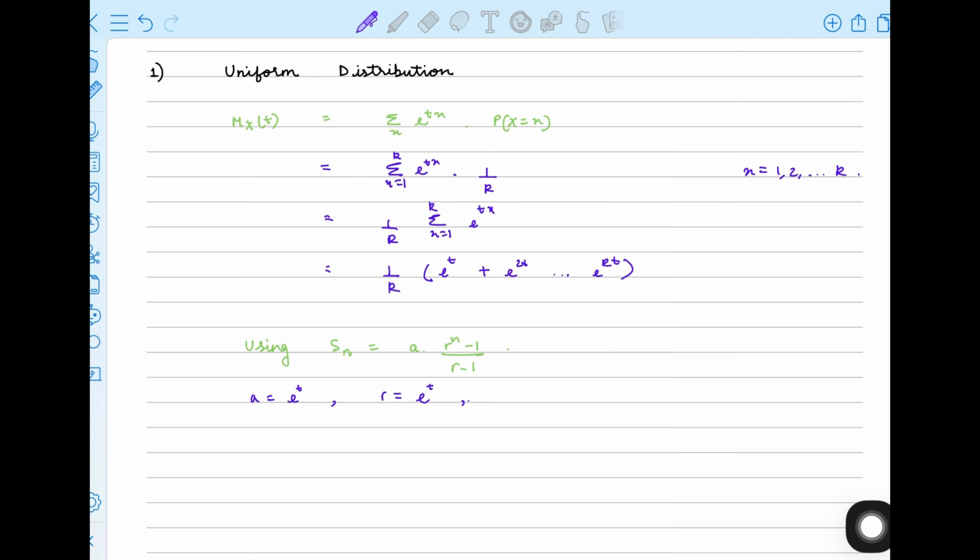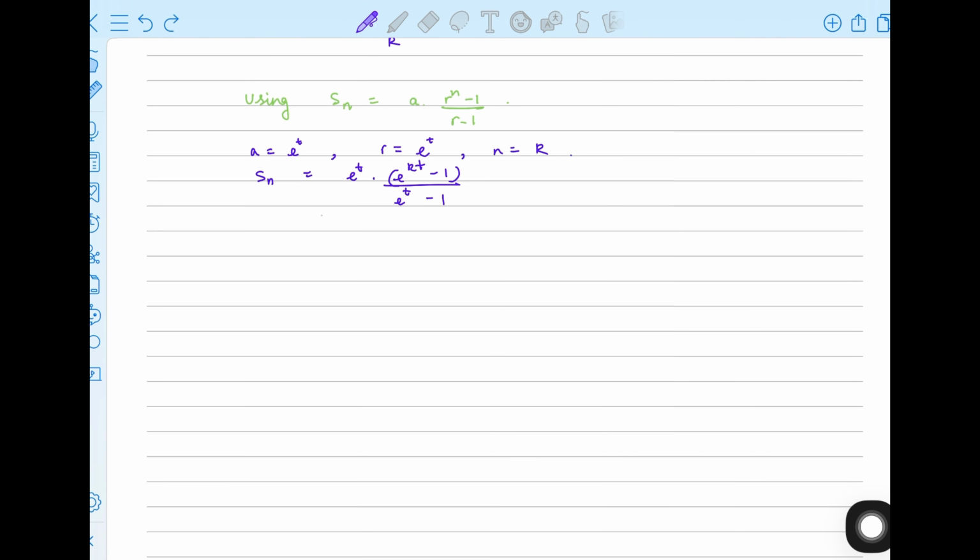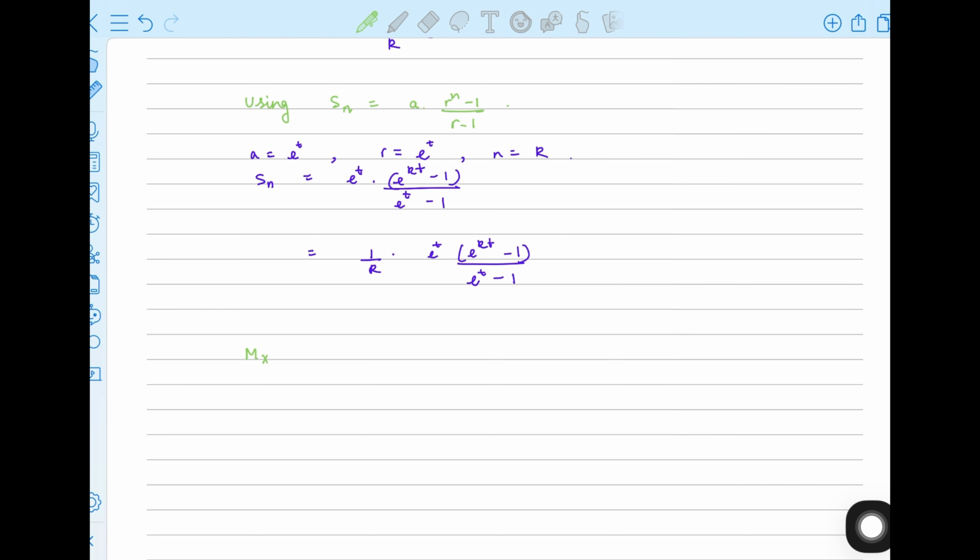And n, which is the number of terms, is equal to k. Inputting these values in the formula, we get this, which gives us the MGF for the discrete uniform distribution.